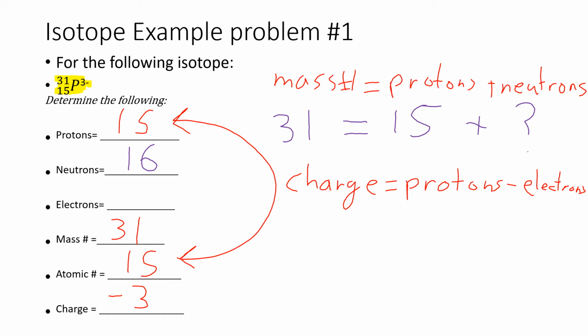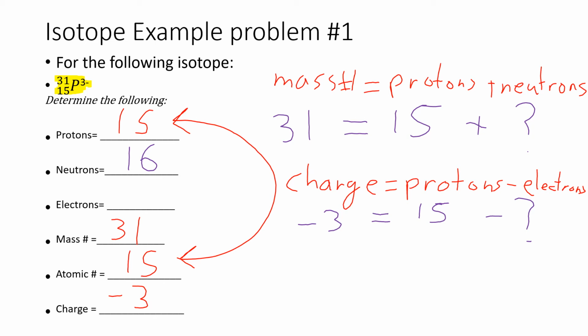Well, what's our charge? Well, we already know that. That's just knowing where that charge is located. It's located in the upper right-hand corner. That would be -3. We already determined how many protons we had: 15. So now we need to determine from that how many electrons will we ultimately have in this.